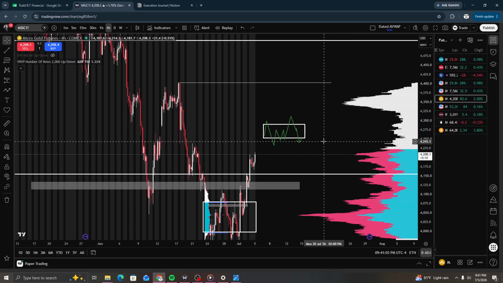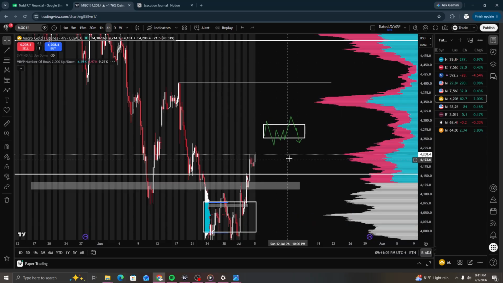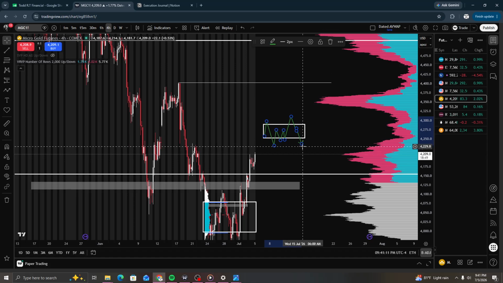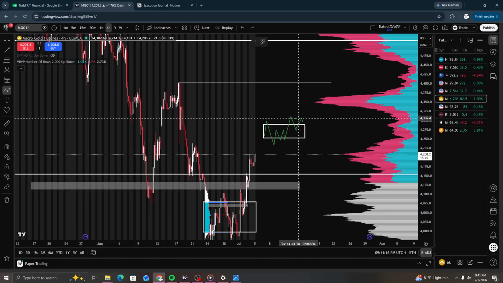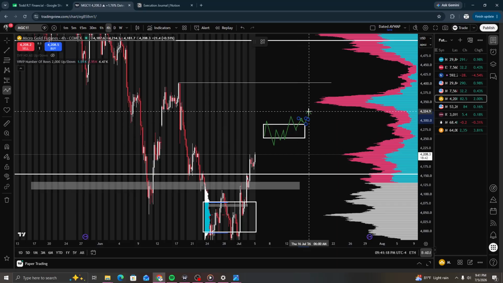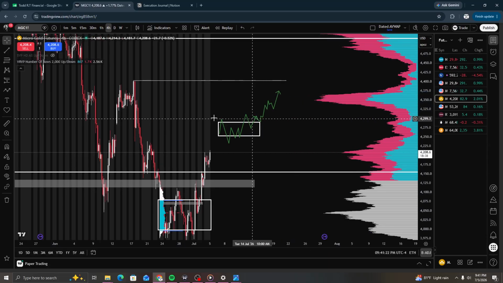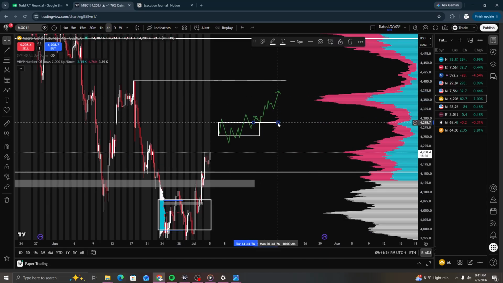Understand it's not going to happen in one day, so we're not holding it once we buy it. We're not holding it to the moon. Buy those pushes, as well as anything that looks like this. Anything that looks like this, we are going to be all over these.